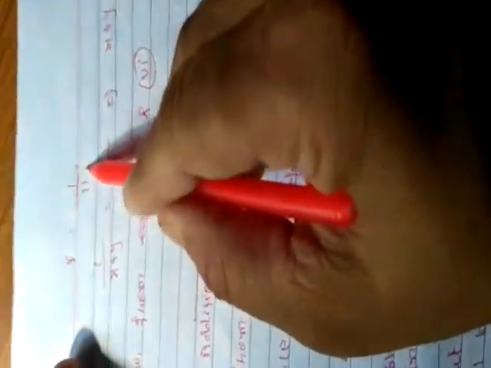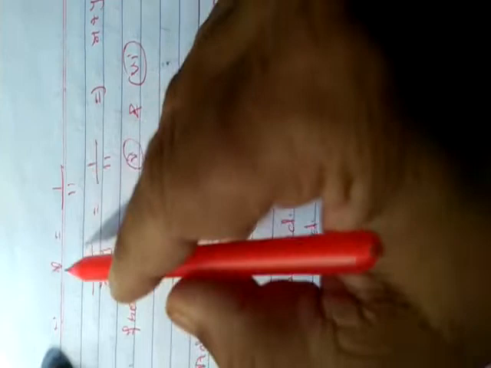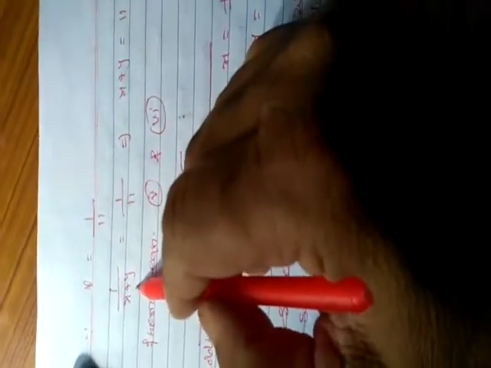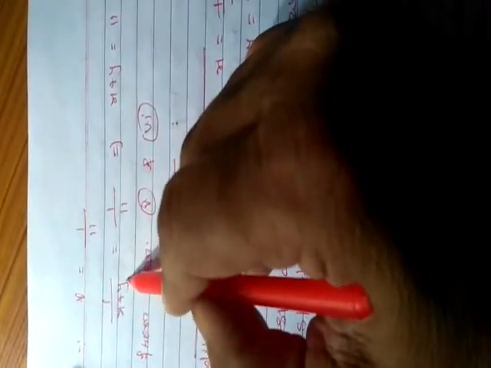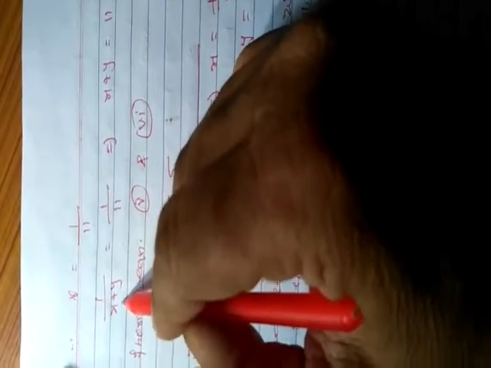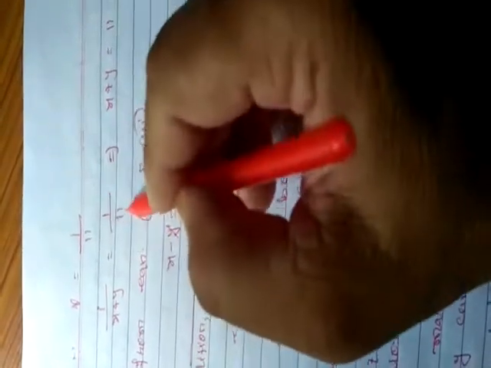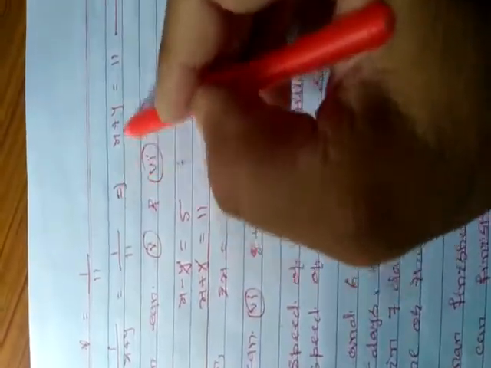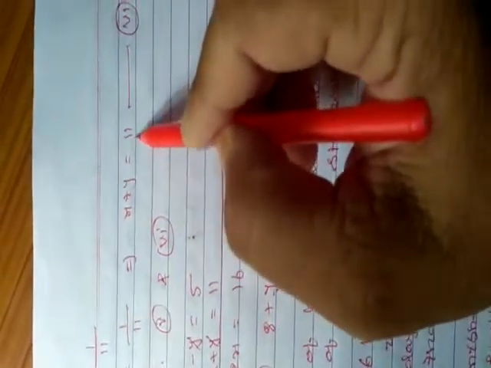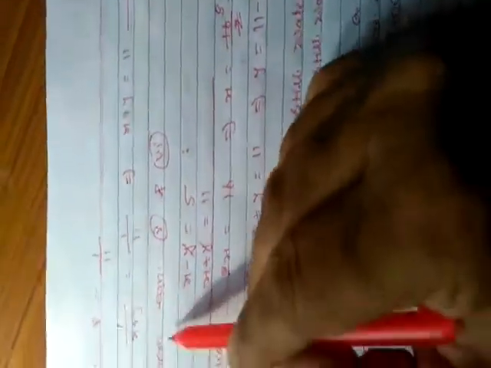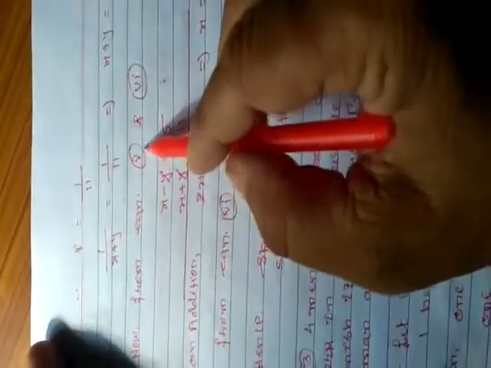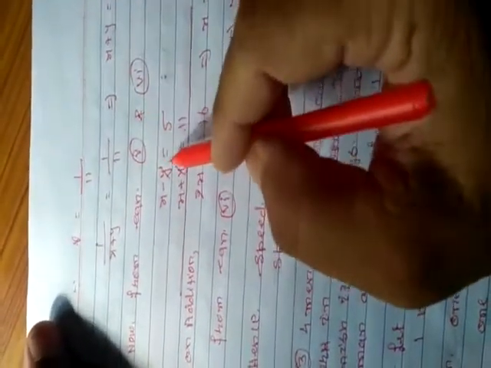Now again we have v equals 1 by 11, and v we assumed as 1 by x plus y. So we have 1 by x plus y equals 1 by 11. Further on solving, x plus y equals 11. Now we solve equations number 5 and 6 to get the values of x and y.